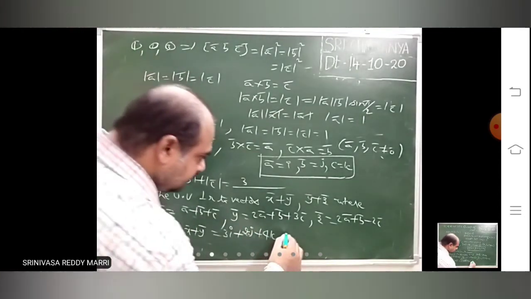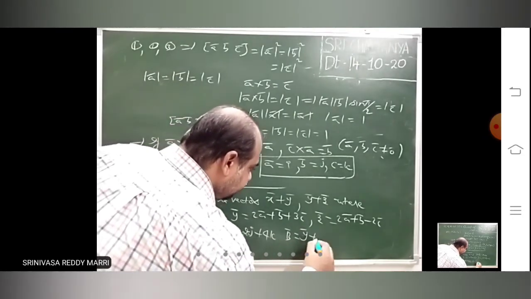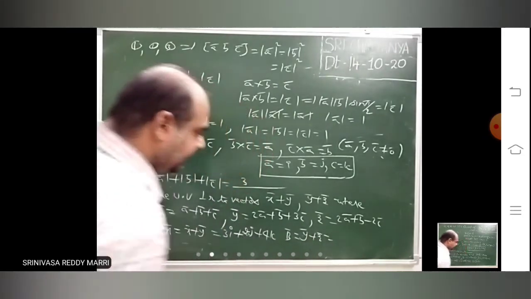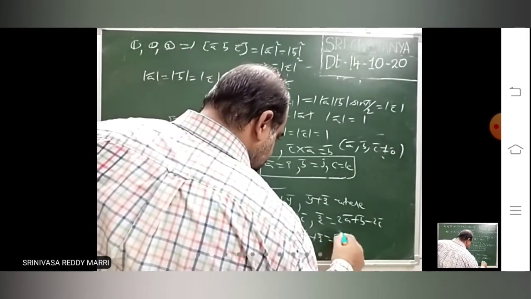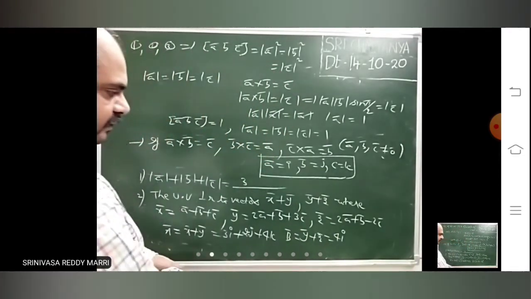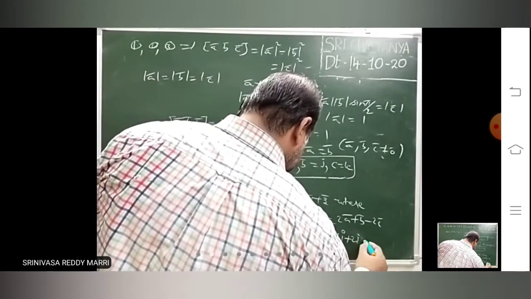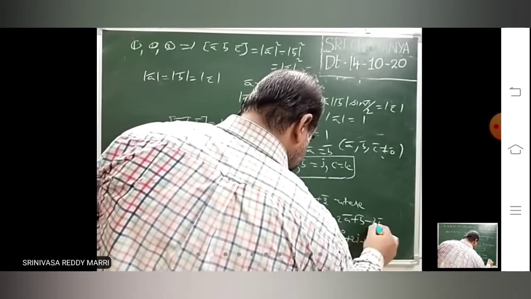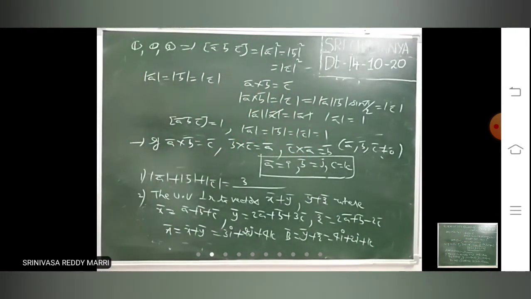So B bar equals y bar plus z bar. Calculate this. What will you get if you add these two? 4I plus 2J plus K. So this is the one.